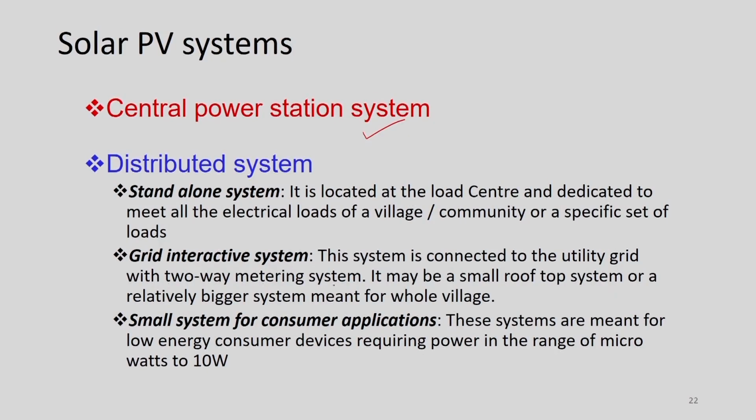That will be controlled by this two-way metering system or net metering system. So, that is called grid interactive system. And a small system for consumer applications, like maybe in watches, maybe calculators, its power ranges from microwatts to 10 watt. Under that category we can generate that much of power.